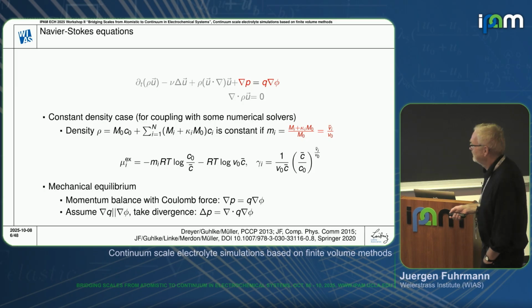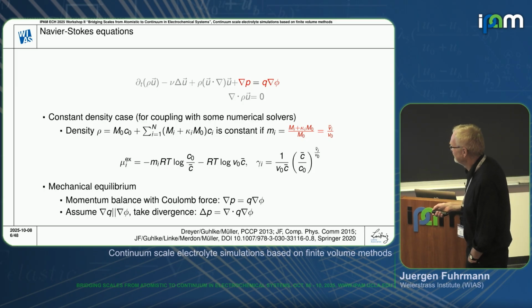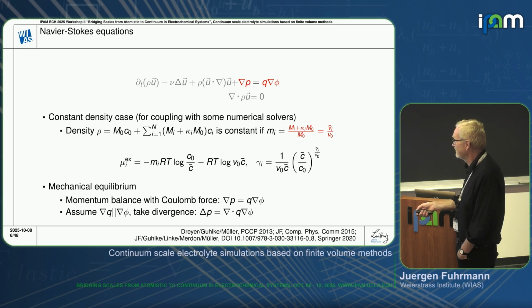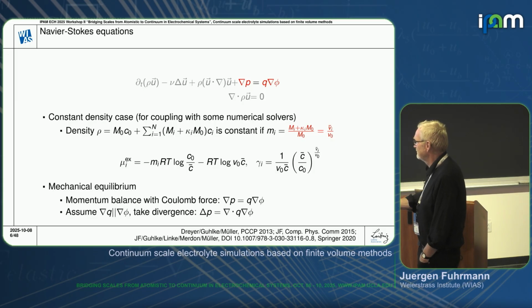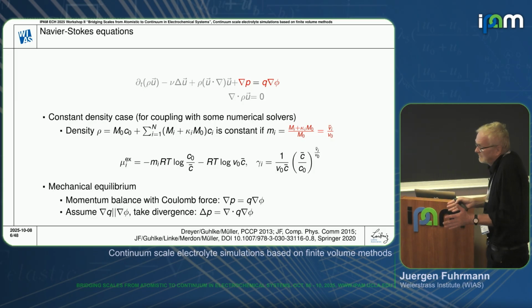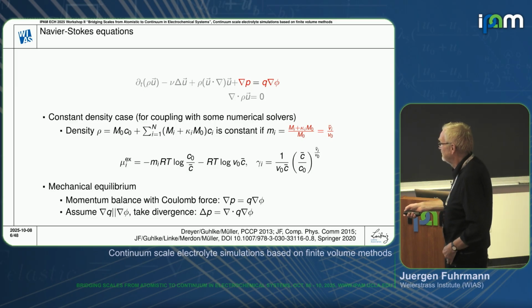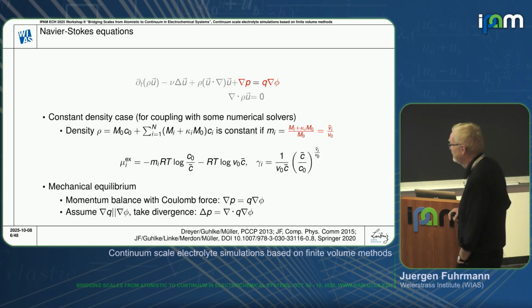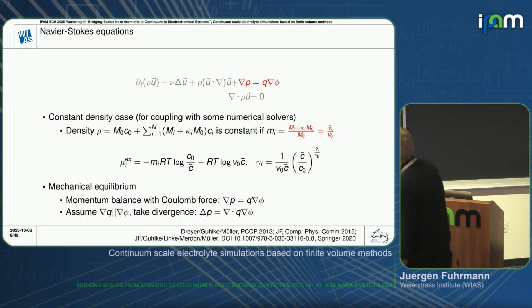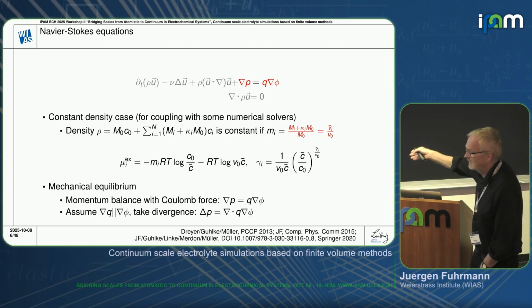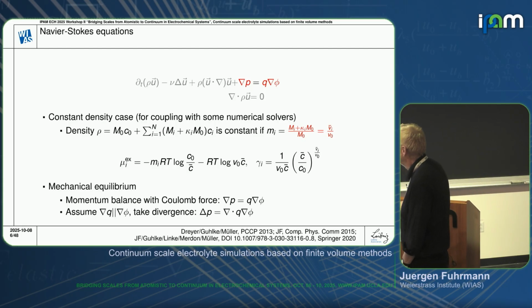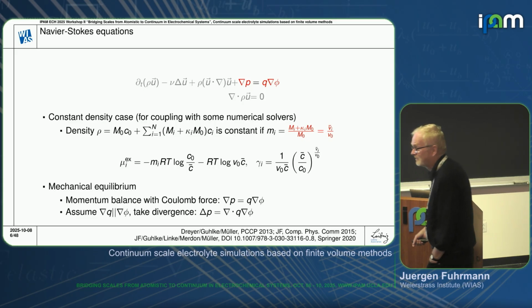There are different ways to handle this numerically. What I thought about, and what I'm doing here, is that I take the divergence of this equation, where you just assume that the density gradient and the electric field are parallel. Then we have a nice second order PDE, which can also get boundary conditions, and which can be implemented with standard finite element or finite volume methods.